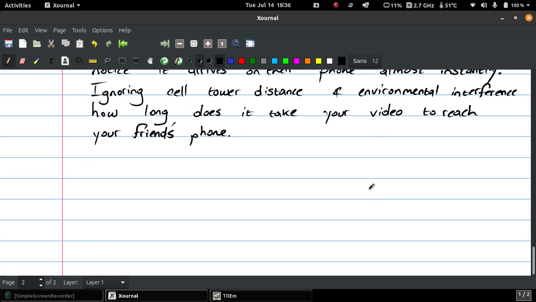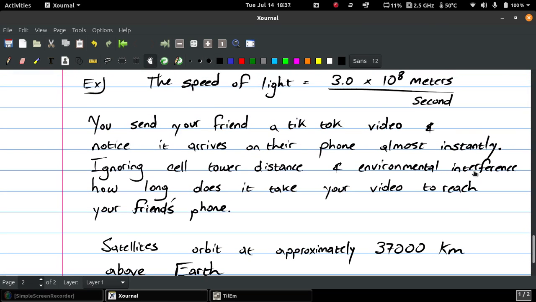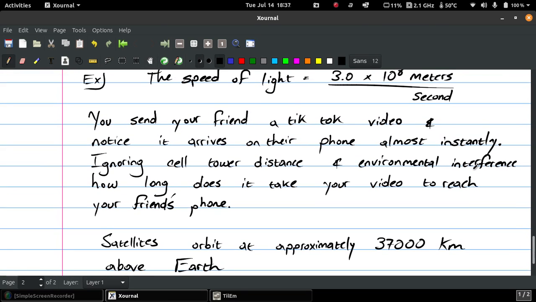So we also have to set up that satellites orbit at approximately 37,000 kilometers above Earth. Okay, so I'm going to give you a second to copy all this down, and then we're going to go to the next page and solve this.